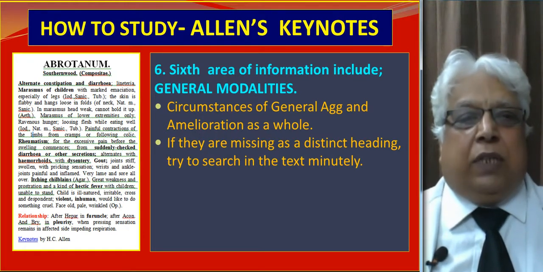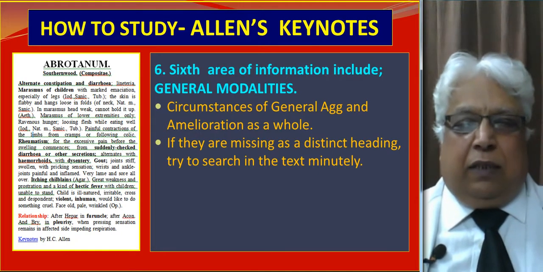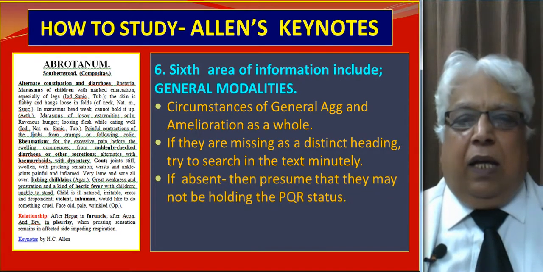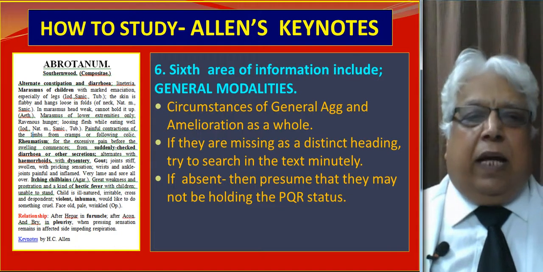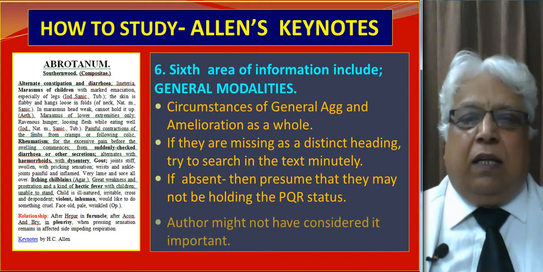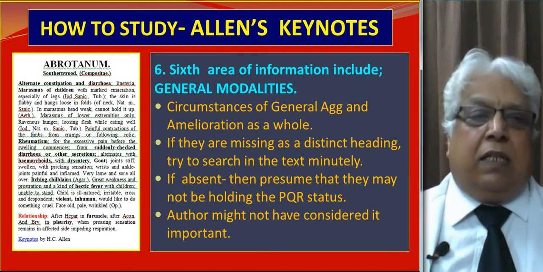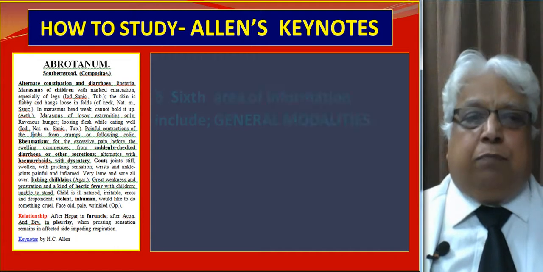Maybe they are of such a general nature that he is not ready to put them in that particular area. Whatever the reason, you have to search it minutely. If you find it absent, then presume that it may not be holding PQRS status, and the author might not have considered it an important symptom, but you need to complete that symptom.